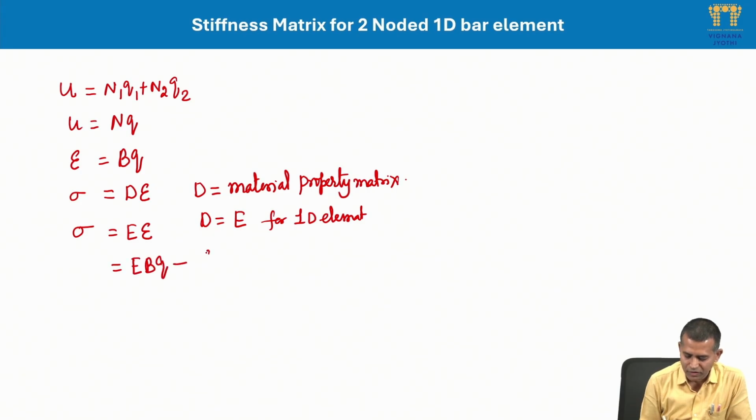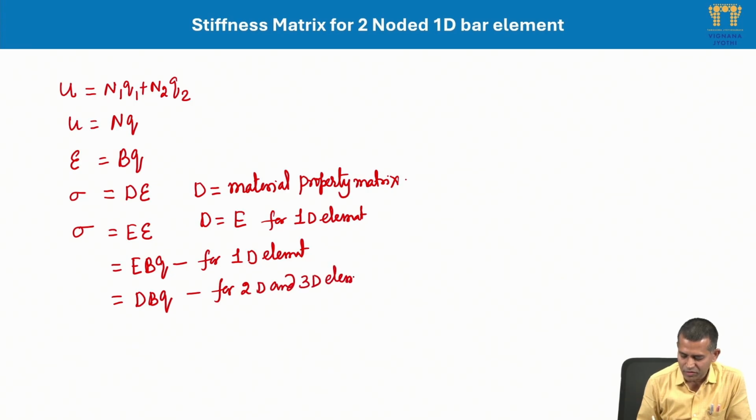This is for a 1D element, and in general this equals D into B into Q for 2D and 3D elements.